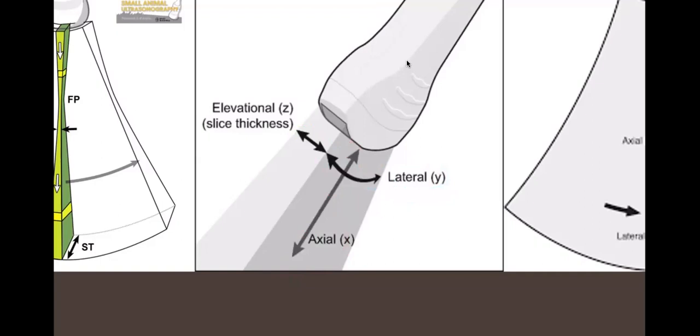So ideally, axial would be the first dimension, lateral would be the second, and elevational would be the third, because that green beam that I just drew out, this one right here, is a measurement of the beam thickness, the beam width perpendicular to the scan plane, and it has to do with elevational resolution, which we don't know about yet.